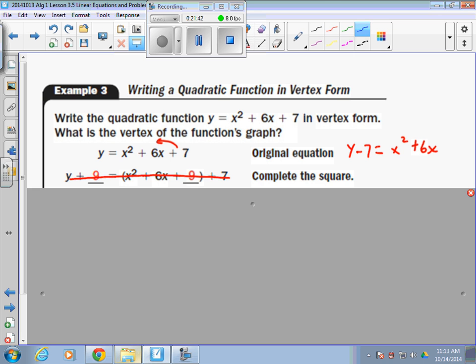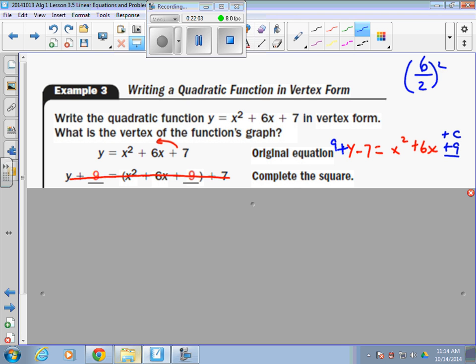We're going to find plus c and put it right there. We know c is b, which is 6, divided by 2 squared. 6 divided by 2 is 3, and 3 squared is plus 9. Again, if you add 9 to the right, add 9 to the left.